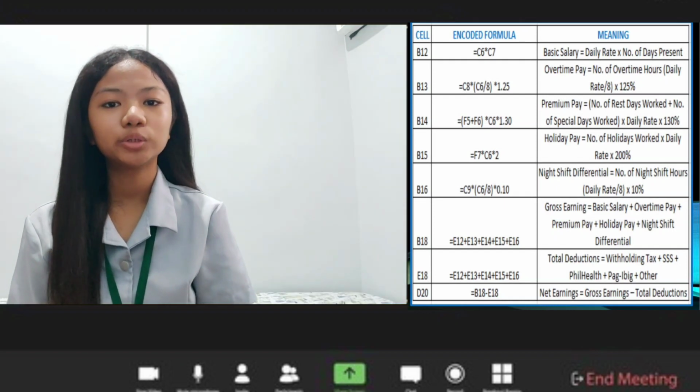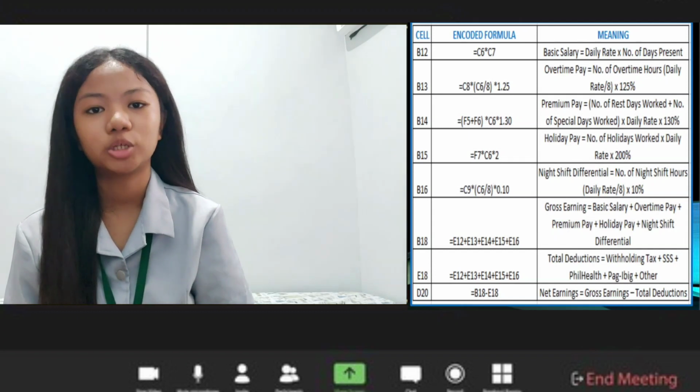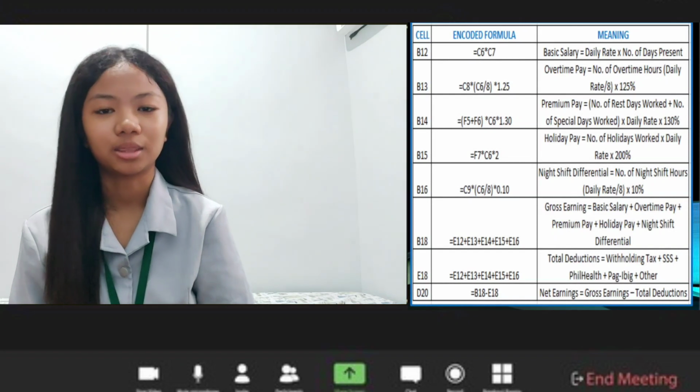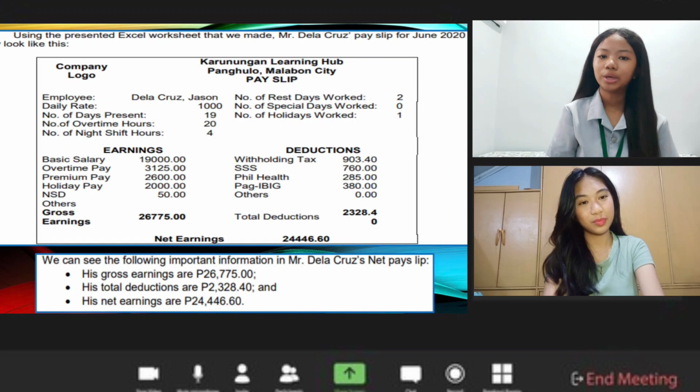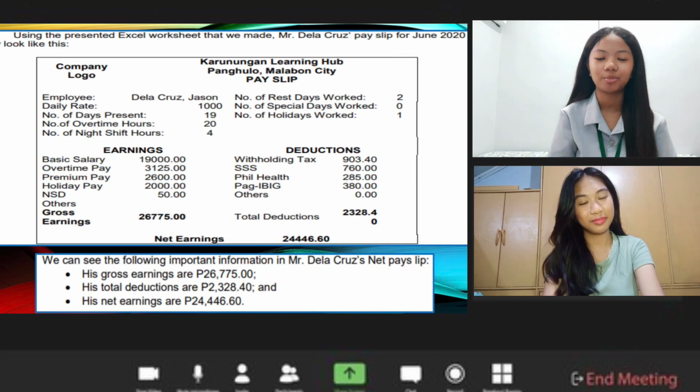And then if we are using MS Excel, we need to encode the following formula, which is equal sign B18 minus E18. Okay, so we can see the following important information in Mr. De La Cruz's net payslip. So his gross earnings are 26,775 pesos, and his total deductions are 2,328.40 pesos.